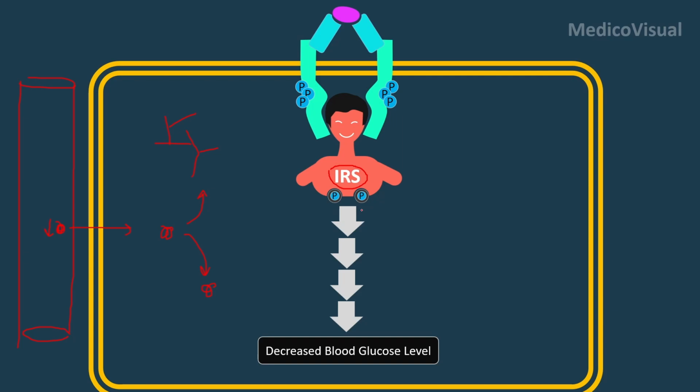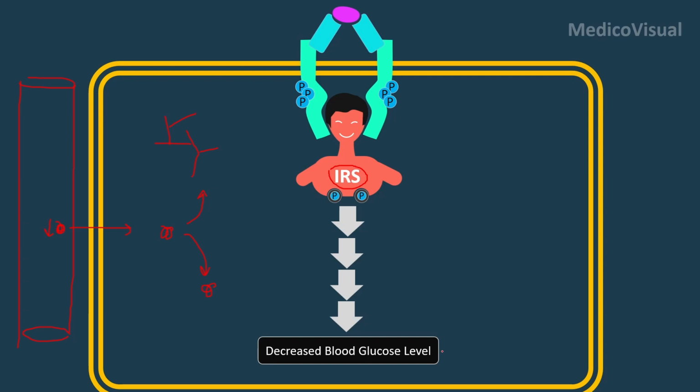What I want to highlight at this point is that first there is binding of insulin with the extracellular part of its receptor, and then a series of events start intracellularly that leads to lowering of blood glucose level.